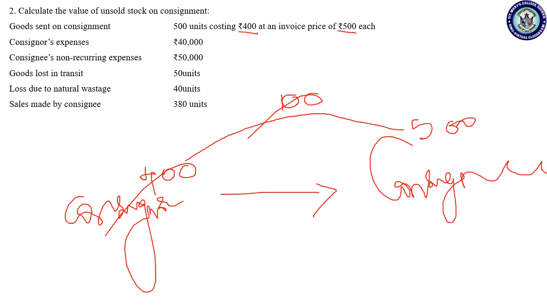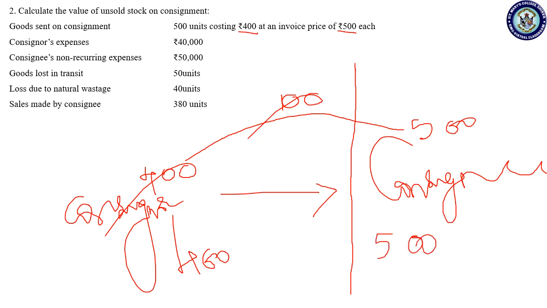Now any calculation you are doing before the goods is received by the consignee, you have to take 400 as the value of the goods. If the goods has been consigned, then for any valuation you have to take 500 as the cost.